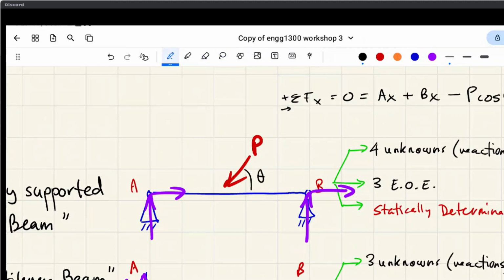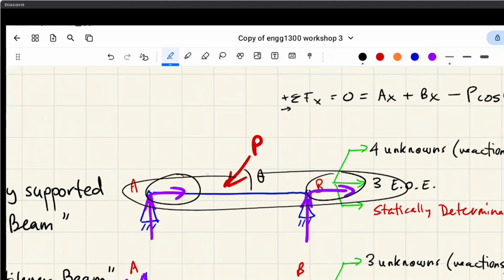So essentially, you don't know what portion of these horizontal reactions are going to Ax and which are going to Bx, because the only points you can take a moment about are either on the line of action or somewhere off the line of action, and you're going to have problems solving it. Sorry, I'm just talking too much, but essentially you're going to have problems solving it.